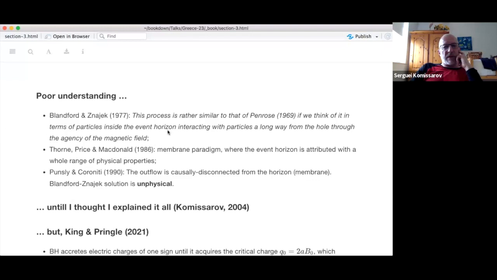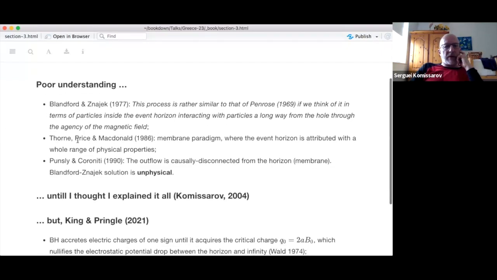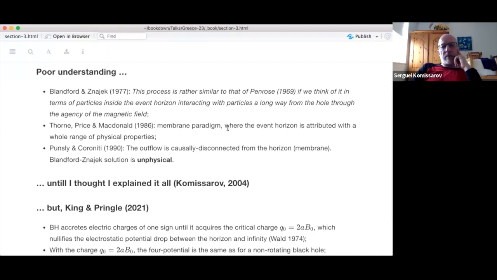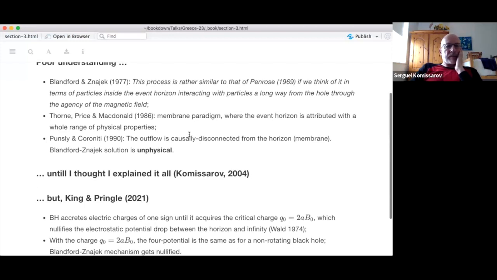Well, we know, of course, that a null signal originated inside the event horizon cannot propagate outside, and so this is a very bizarre statement. Later, Thorne, Price and Macdonald introduced the so-called membrane paradigm, where the event horizon is attributed a whole range of physical properties, but this is a completely artificial construction. Okay, there is no membrane.